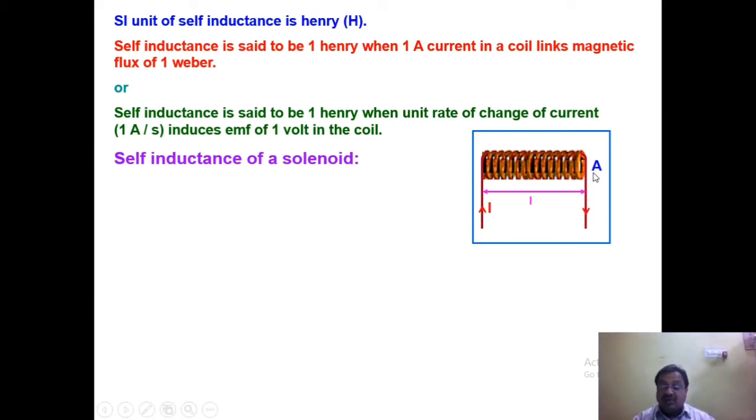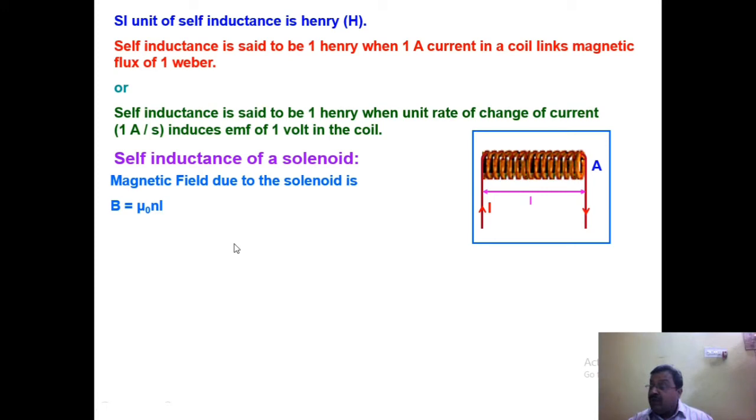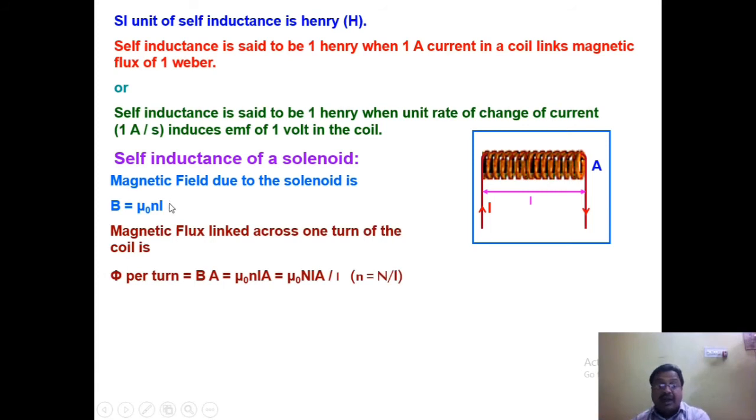Applying Biot-Savart's law, we can find the magnetic field due to the solenoid is B equals mu 0 n I. Mu 0 is the permeability of free space, n is the number of turns per unit length, and I is the current flowing through it.